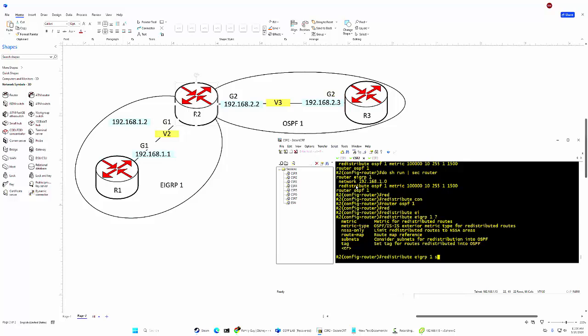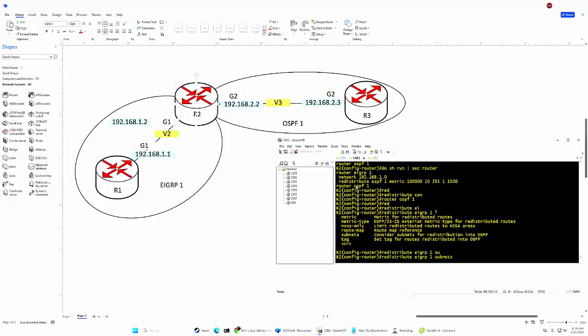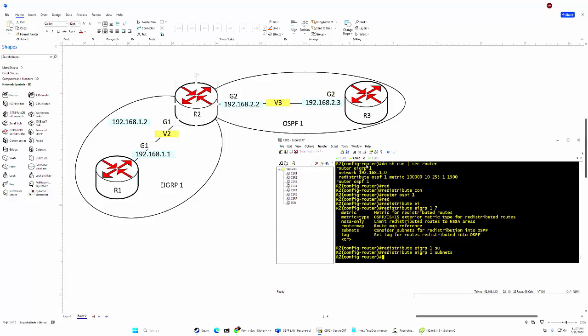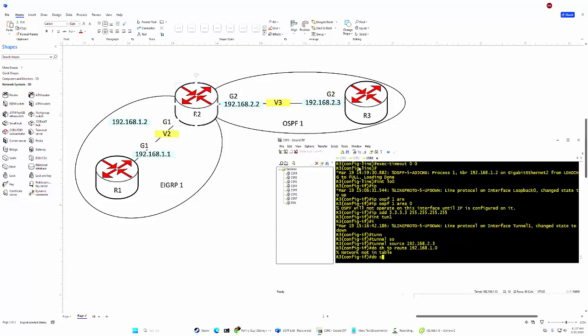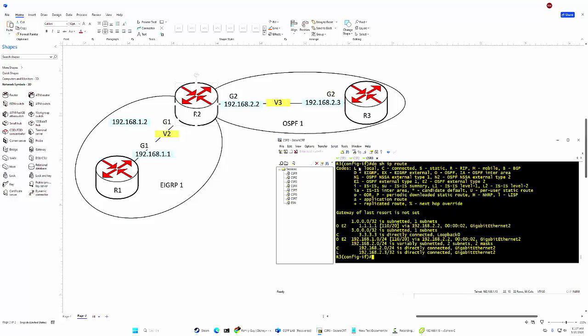I have to say subnets, so it can actually send out anything that's not the default class of that, class A, B, or C. Now you see these coming in: OSPF E2, or external routes E2 and E1.